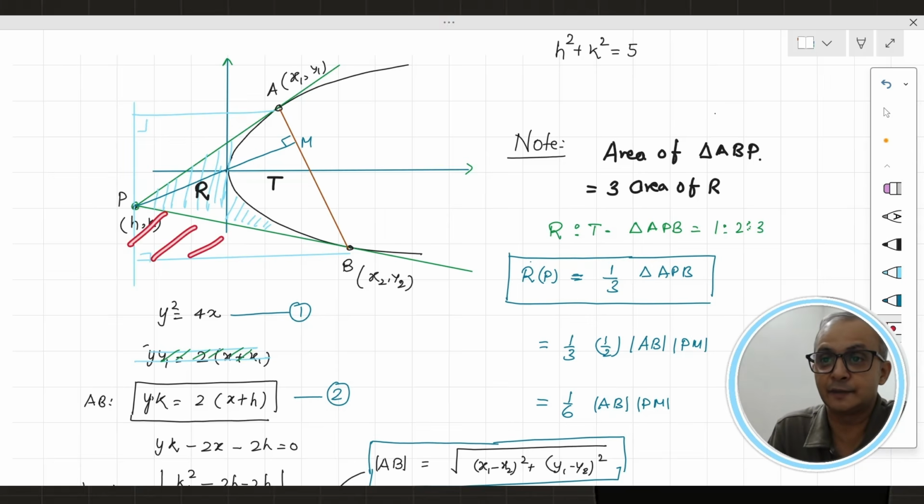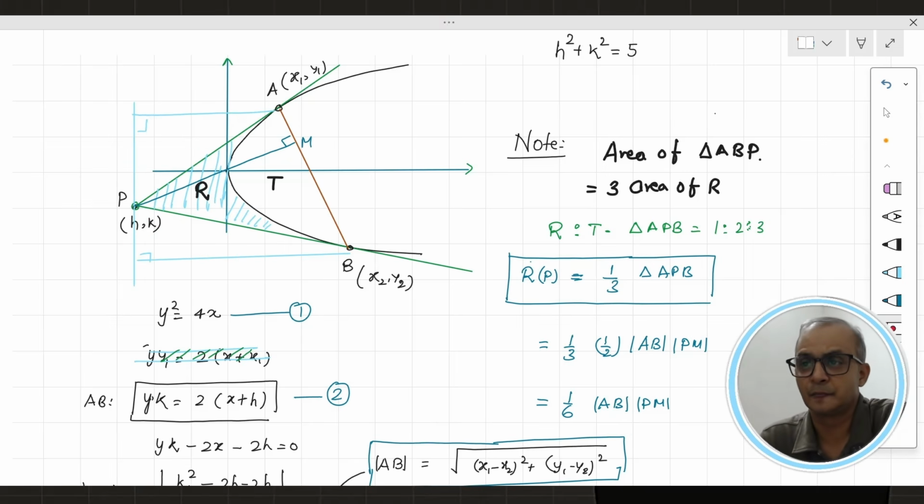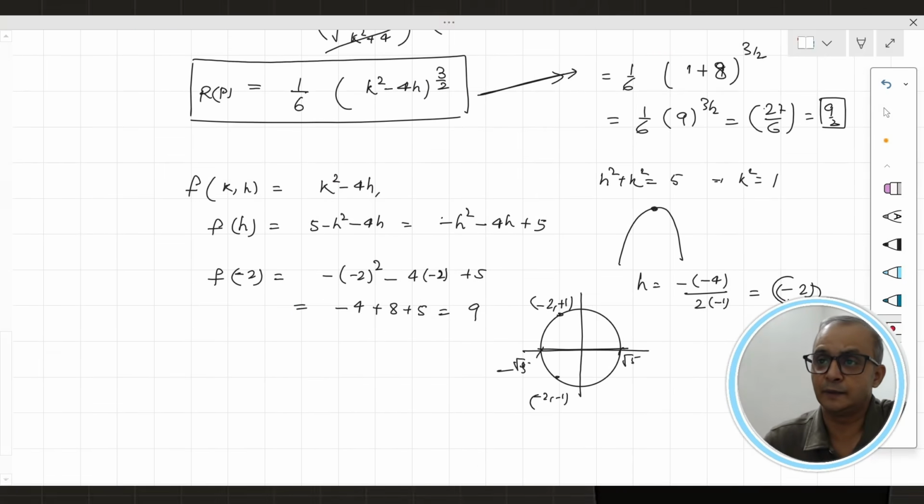First I tried, and in between I came to understand that this property we can use. The entire thing is actually relying on this property. If you know the property, it will be a little bit better and faster. Otherwise, you have to go by the integration technique, and again you come to the same conclusion that the area will come out to be in this format.